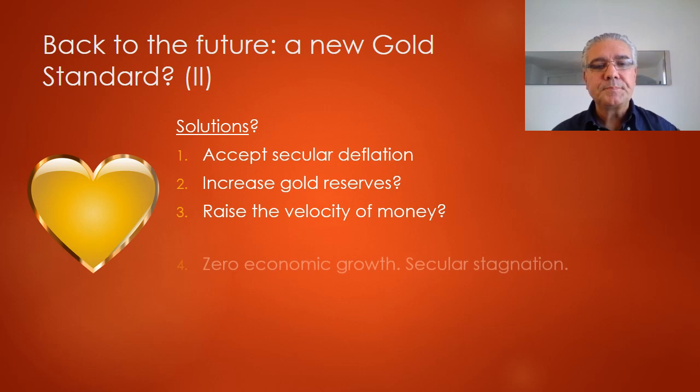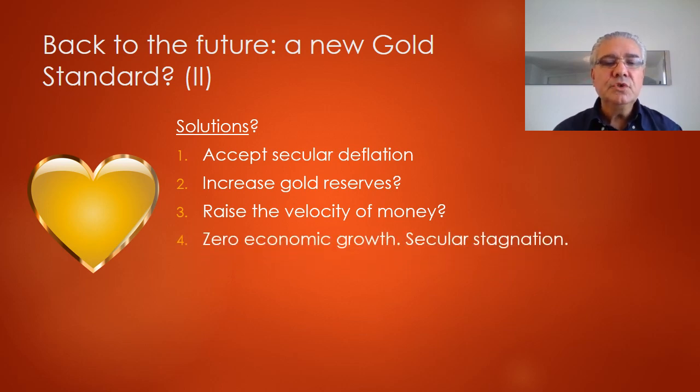Possibly yes. Now, another solution is that we hit what's called secular stagnation, where economies just hit a plateau of growth, and growth per person, growth per capita worldwide, becomes zero.